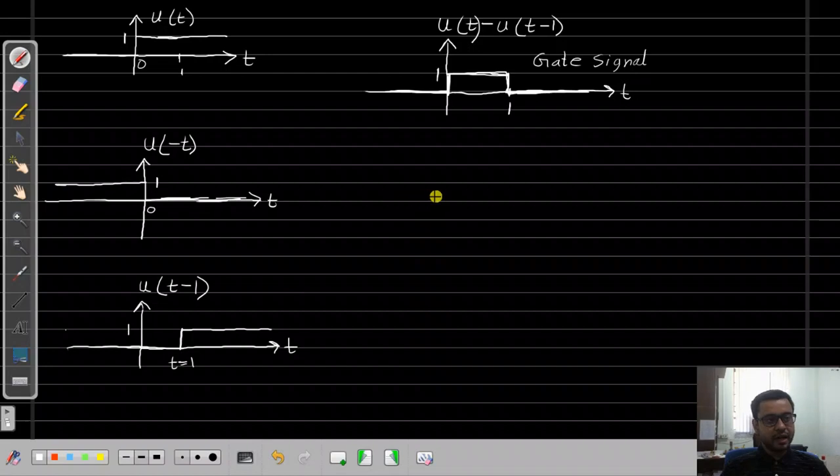Now let me ask, how will the signal, say, r(t minus 1) with a minus sign, look like? Let us try to draw.